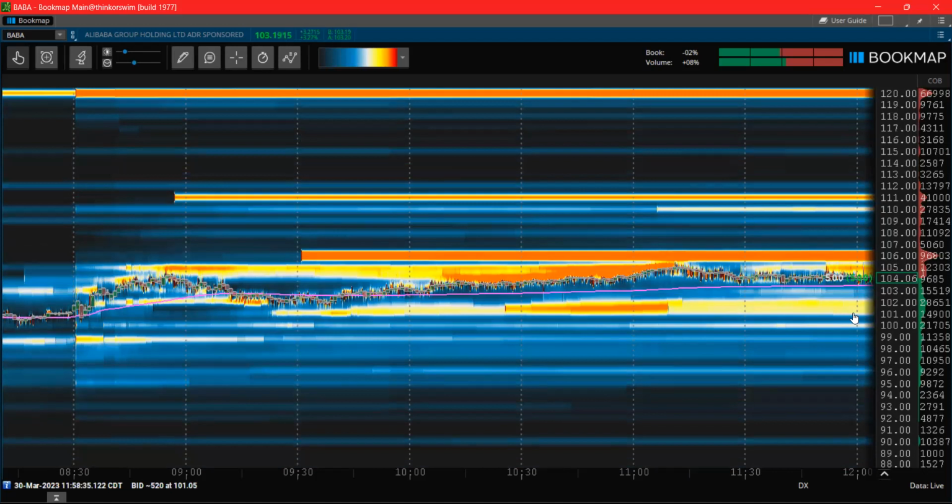That tells me I've got a ton of liquidity at 105, 106, so I'm going to have a gravitational pull into that level. And when it gets there, I have extremely high probabilities that they're going to be pulling off and taking profit on that level. So again, very, very valuable information.